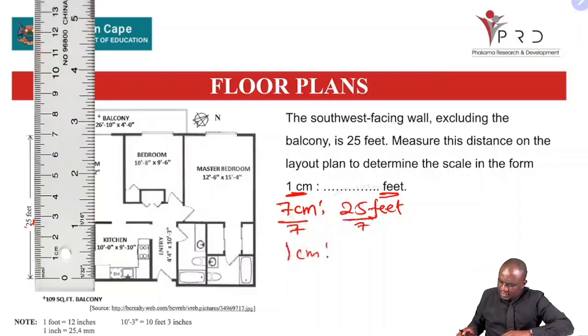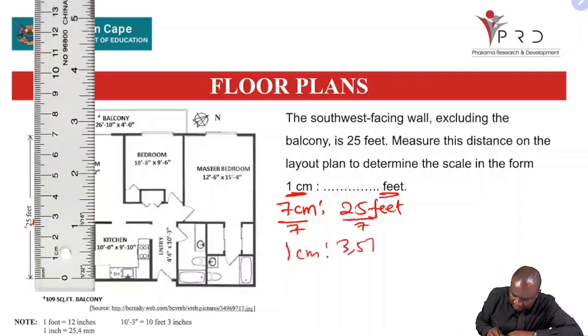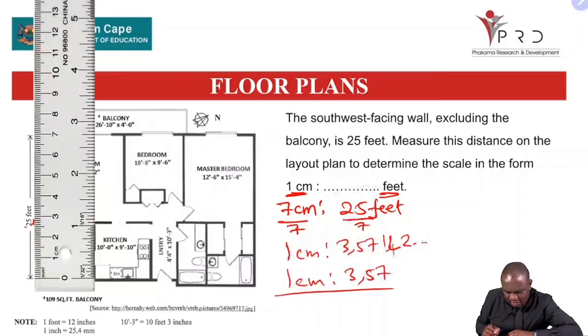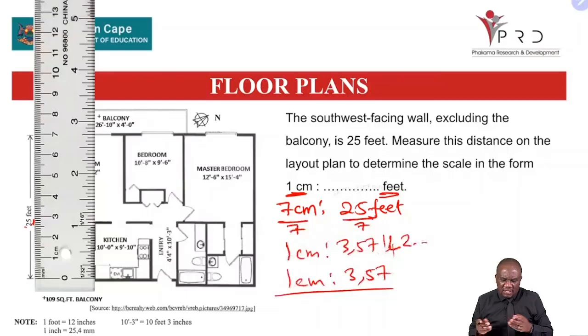25 divided by 7 is 3.57142, and it goes on like that. So this should be 1 centimeter is to 3.57, because they didn't tell us to round off to the nearest whole number. But if they said that, it was going to be 1:4.